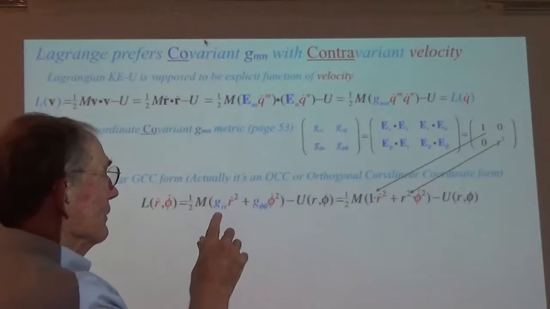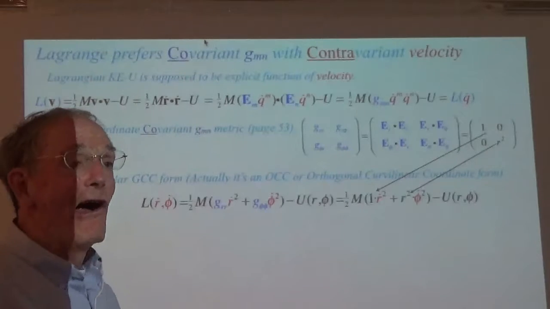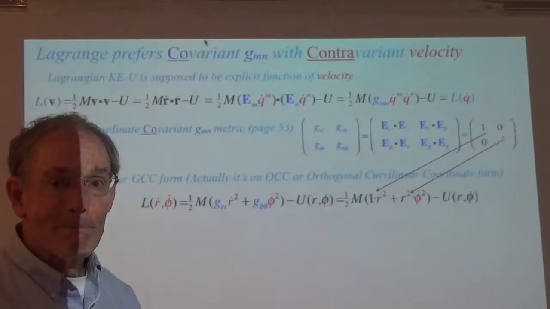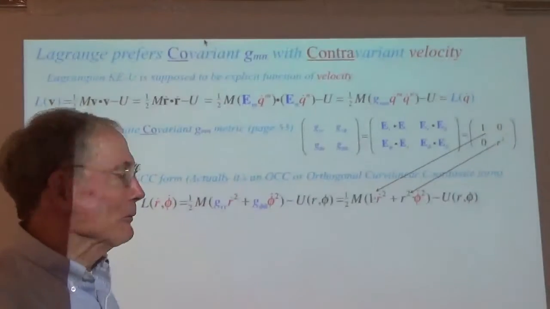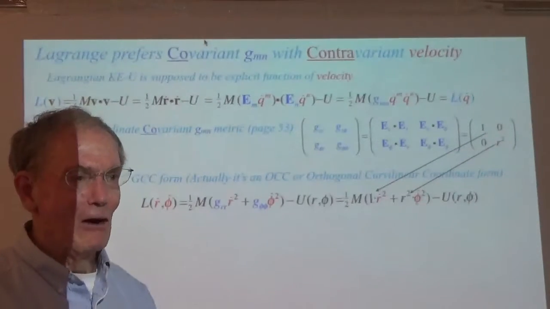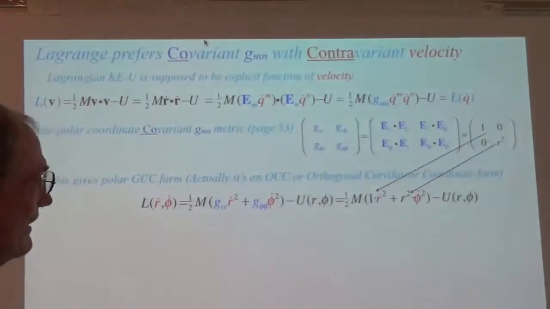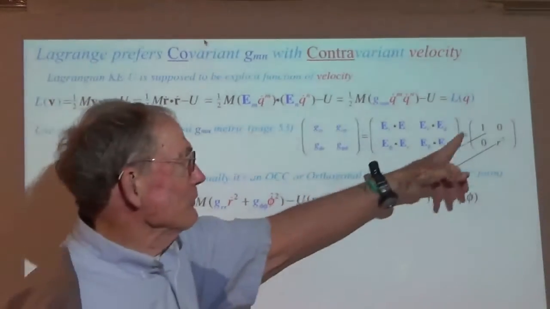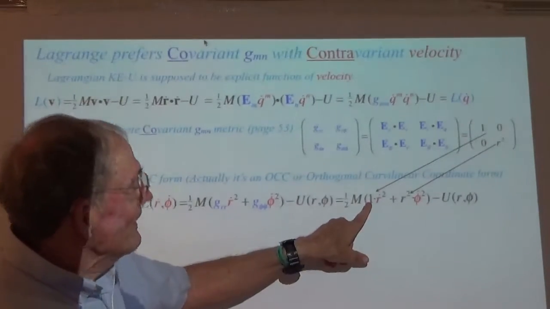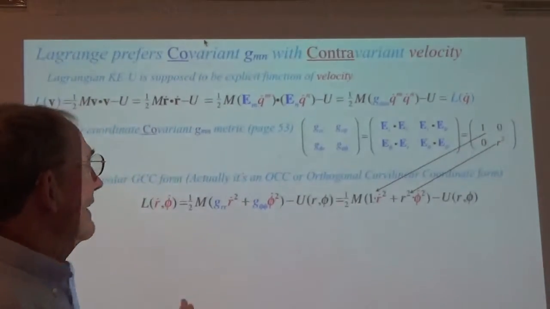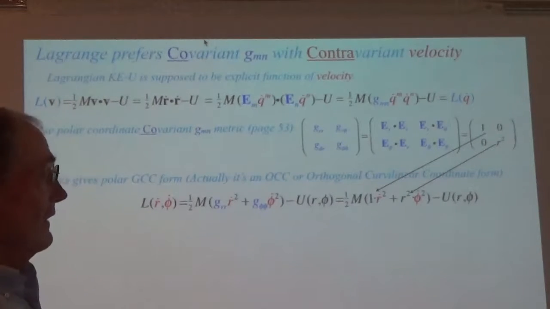All we're going to have here is rr and phi phi. We're not going to have r phi or phi r, okay? So our matrix is very diagonal and very simple. 1 and r squared, that's all we've got. But all this beautiful physics comes out of that immediately.